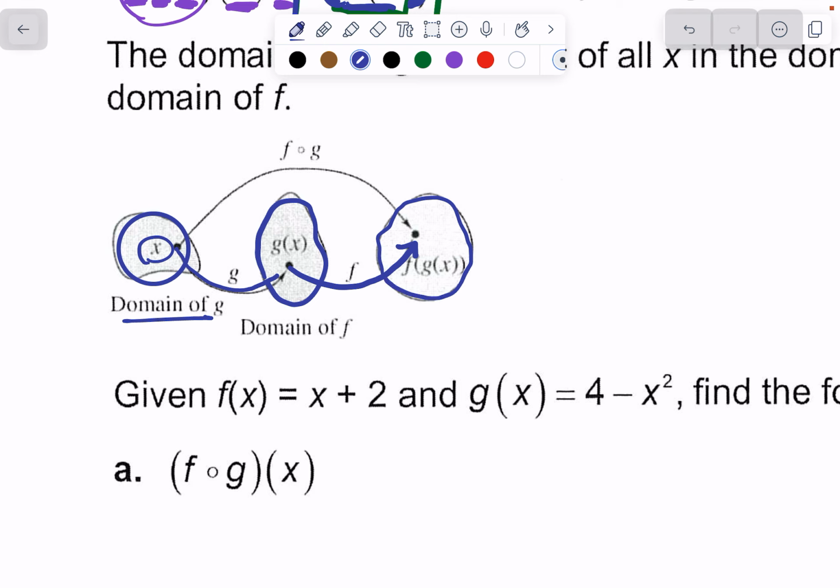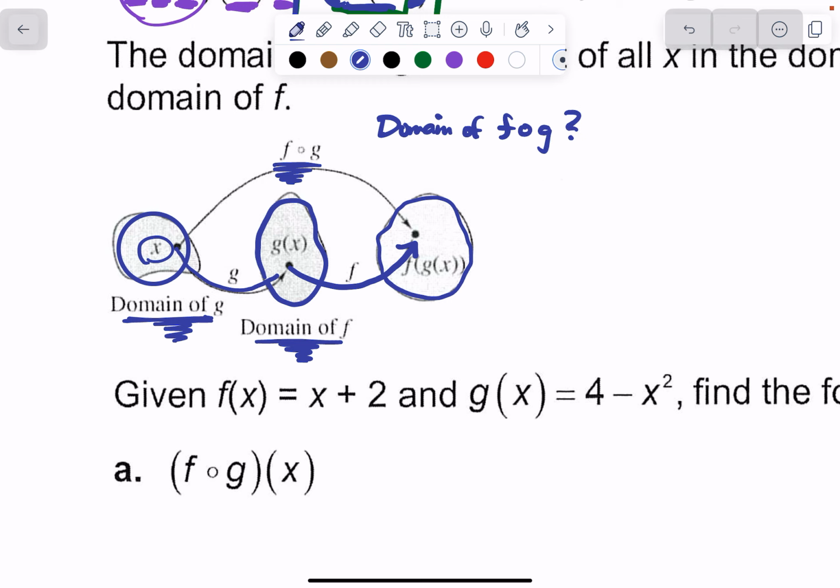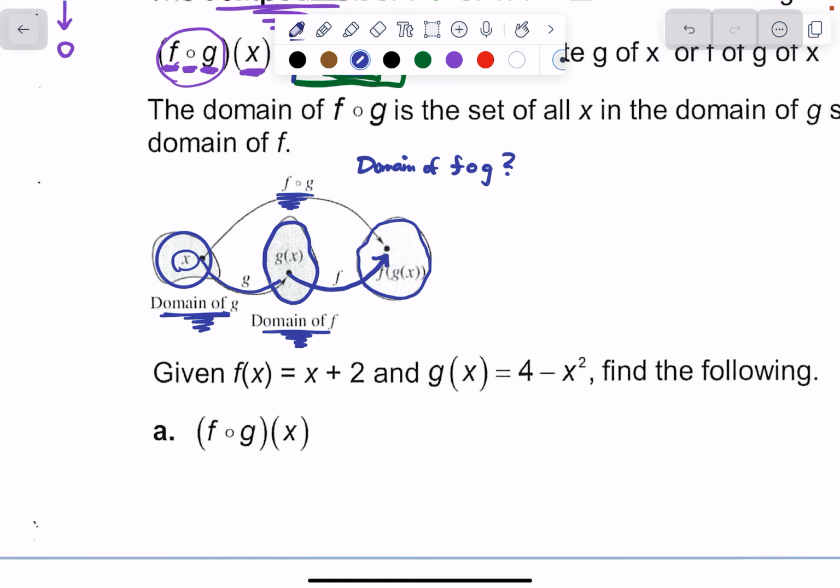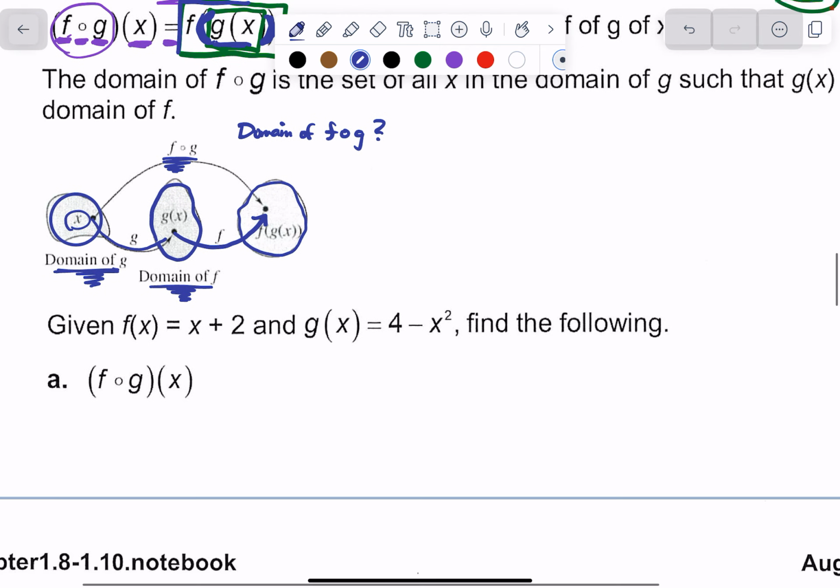So we're going to have to be careful about what the domain of this composition is. If we know the domain of g and we know the domain of f and we compose them, we'll be able to say something about what is the domain of f composed with g. That's a question that we could answer, and it takes some time to think about.